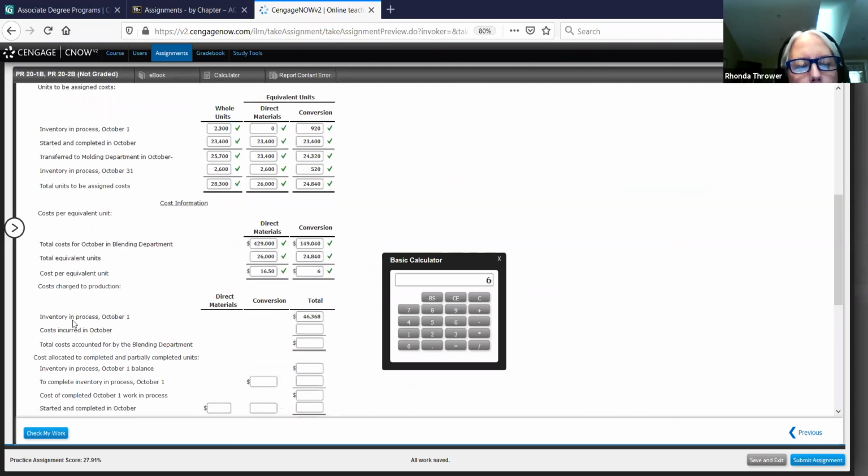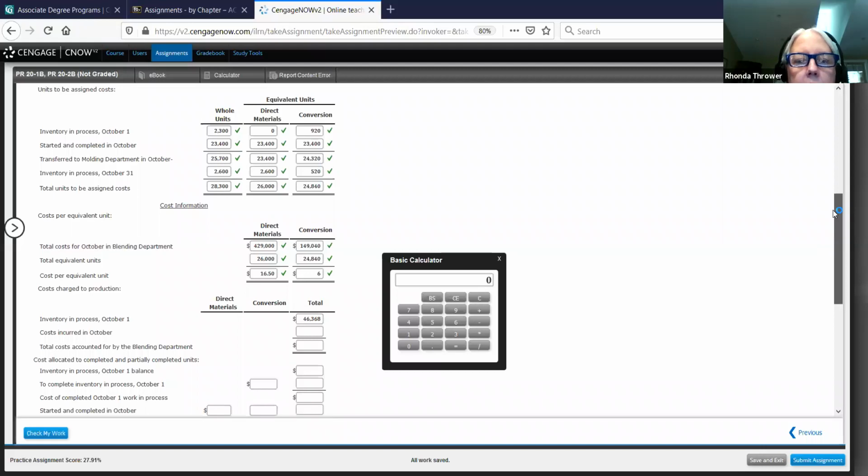Now, I'm going to finish this beginning inventory. Remember, we had it all finished except with respect to our conversion for this period of time. Oh, I'm sorry, class. I'm jumping ahead just a little bit. That is our beginning inventory balance. What they're asking for here is all the costs that we incurred in October.